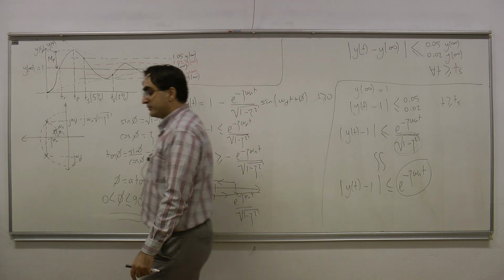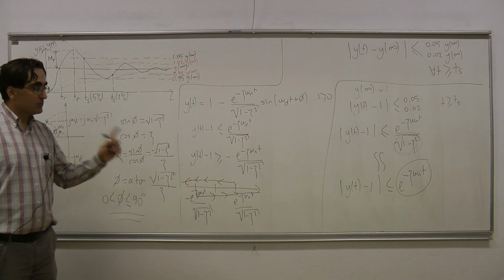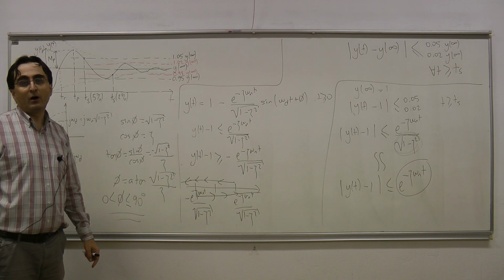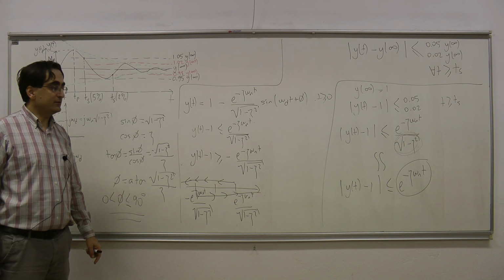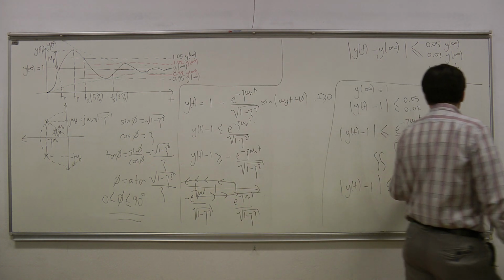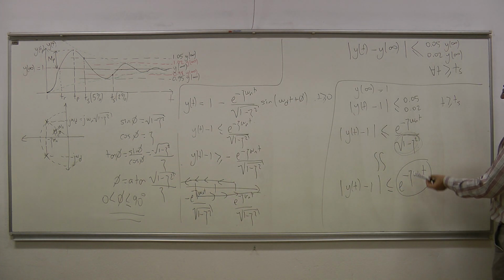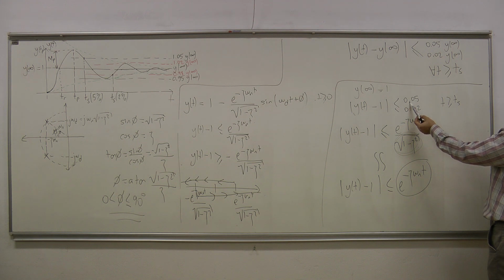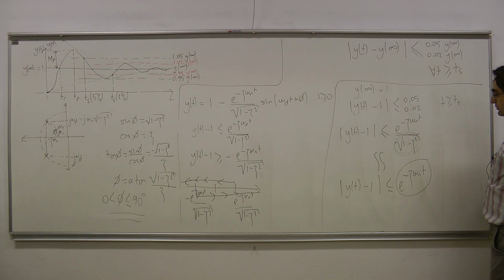We have to answer that question, because those smallest time instants will be our settling times. What is the smallest time instant such that this exponential is smaller than or equal to 0.05 or 0.02?